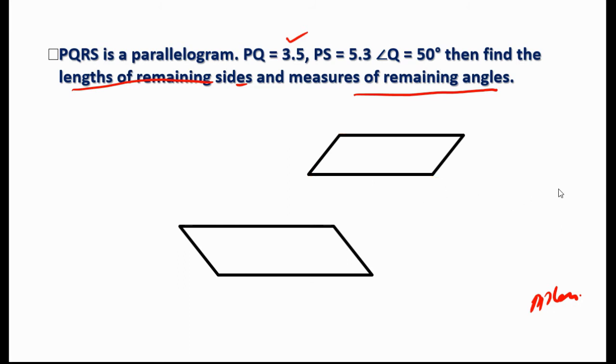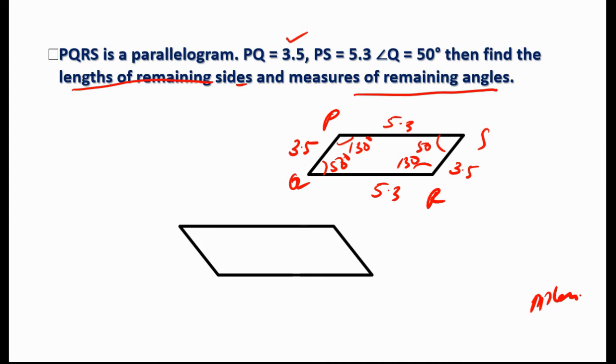If I write that PQRS here, PQRS, this is 50 degree, this is 130 degree, this is 50 degree, this is 130 degree, and PQ is 3.5, PS is 5.3, so this is 3.5, this is 5.3.